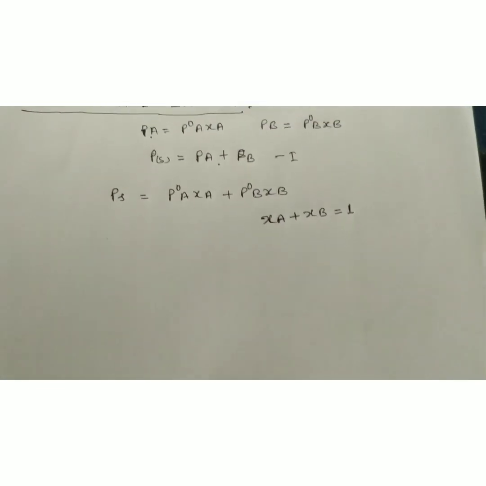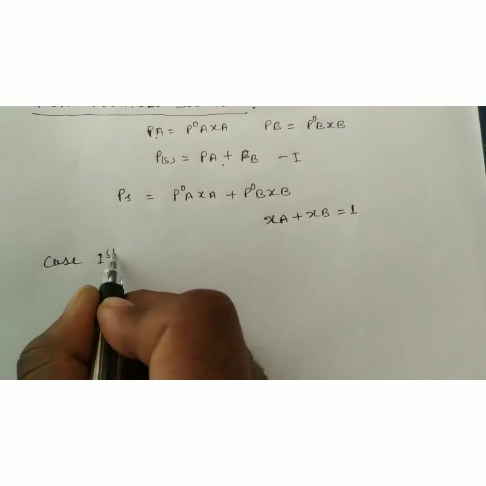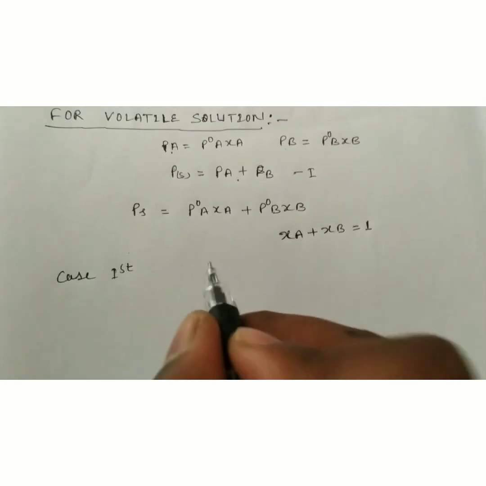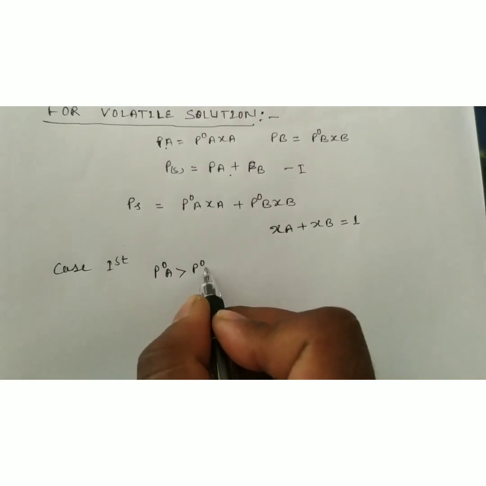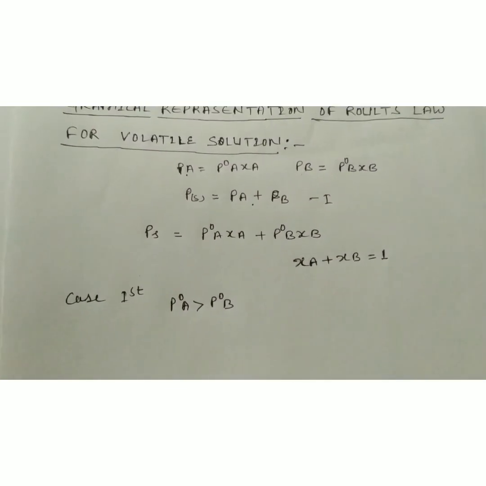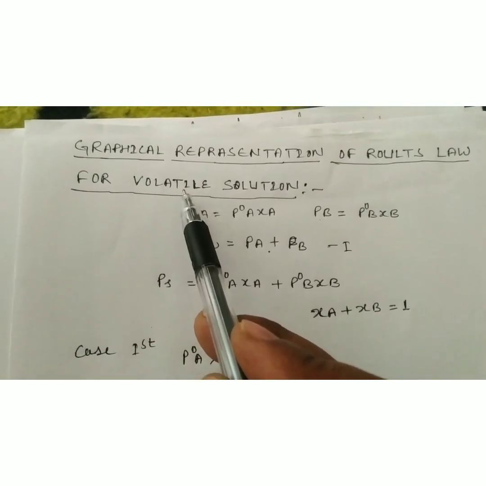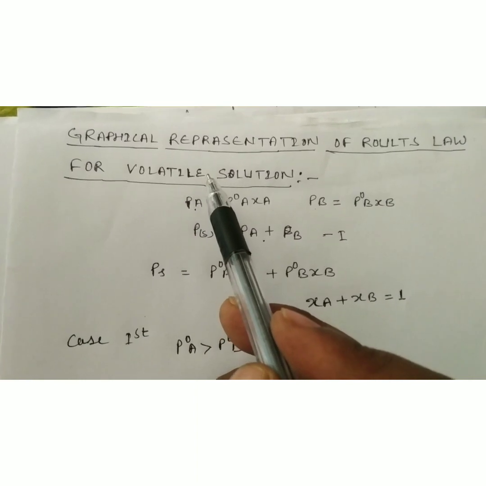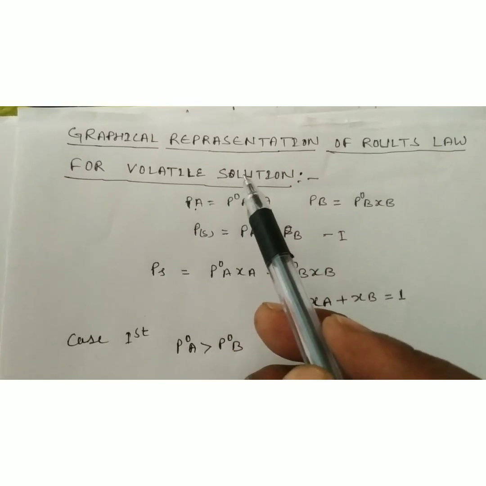So here, for the volatile solution of Raoult's law, there are two cases. Case first: when P naught A is greater than P naught B. Dear students, in volatile solutions both solute and solvent are volatile, meaning they can be converted into the vapor phase.